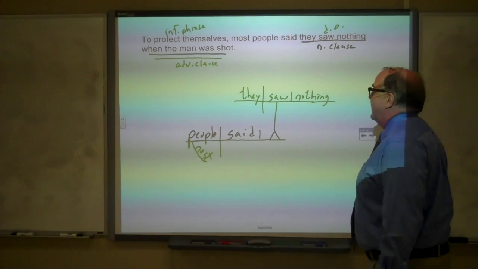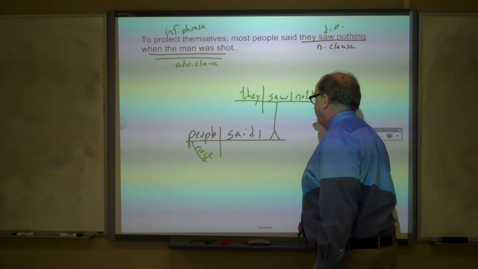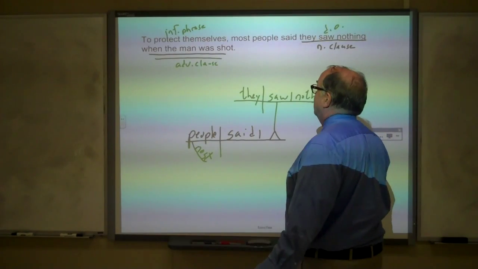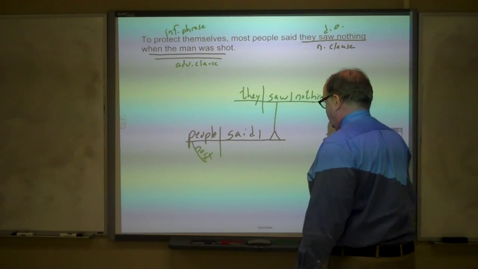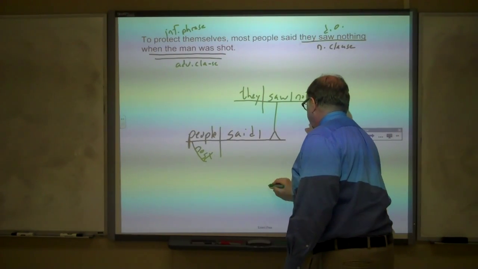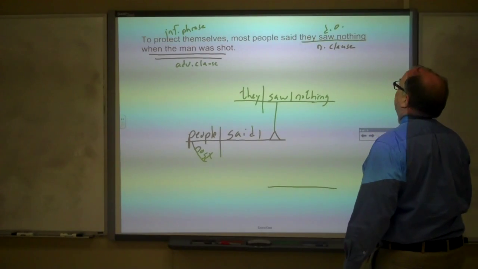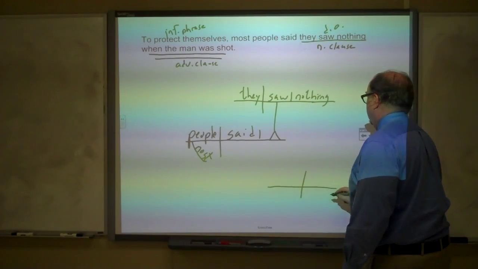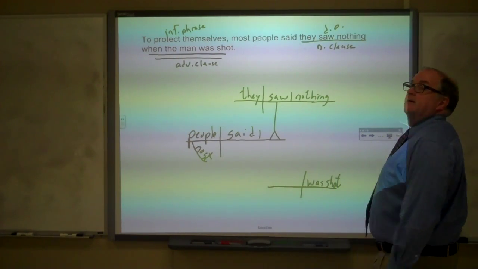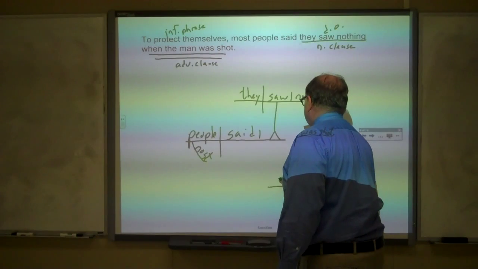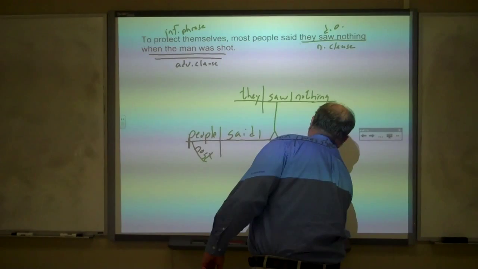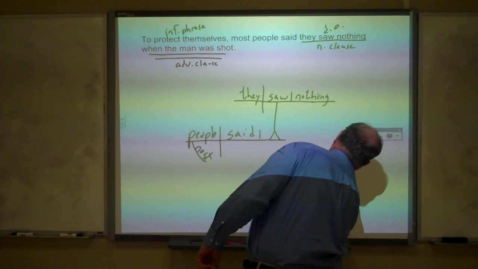When the man was shot is the adverb clause. Put that down and maybe a little bit to the right so we have enough room for that infinitive phrase. When the man was shot. Was shot is the verb, man is the subject, the modifies man.